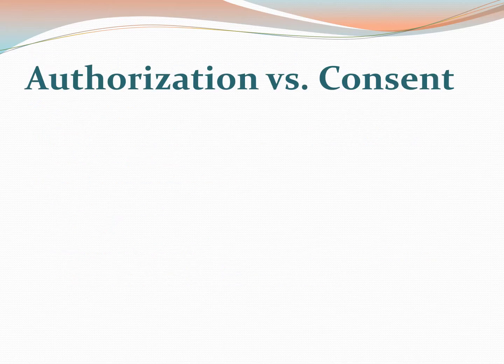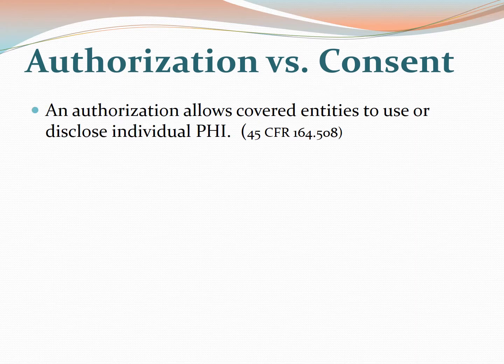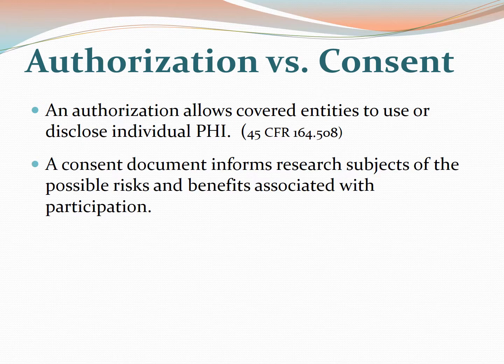So let's talk a little bit about the difference between authorization and consent. An authorization allows covered entities, which is research coordinators who are employed by covered entities, to use or disclose individual PHI. So an authorization is important for research purposes.